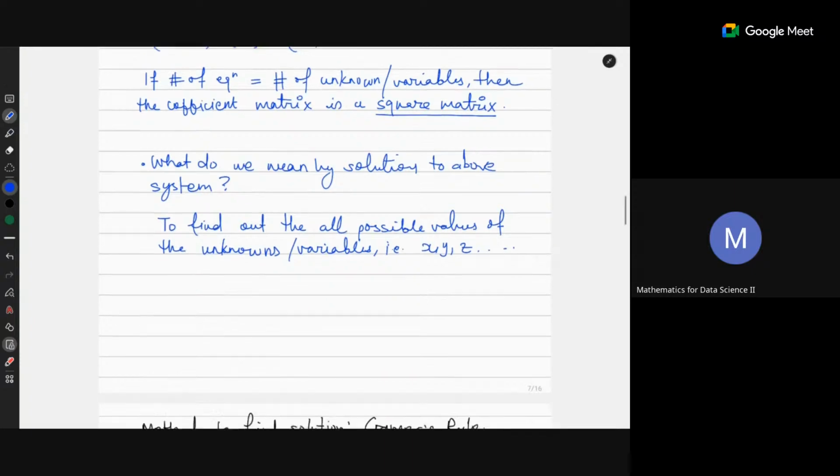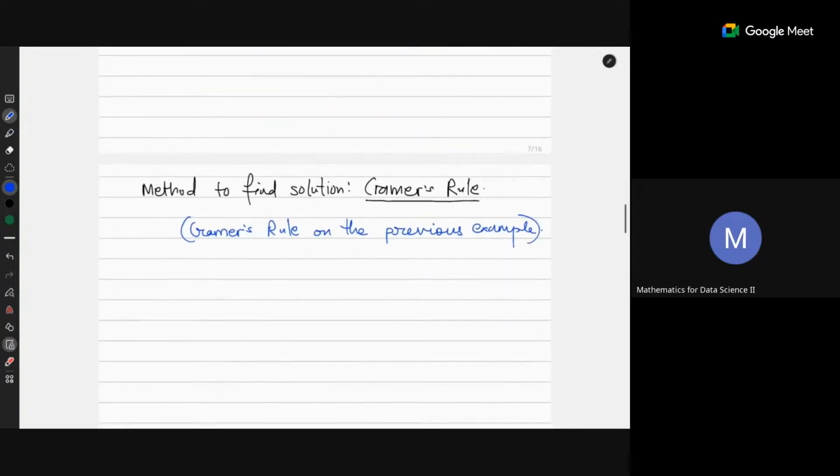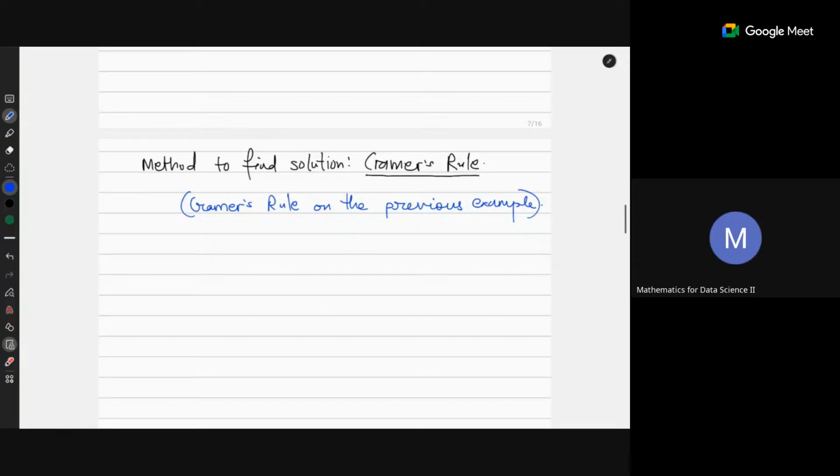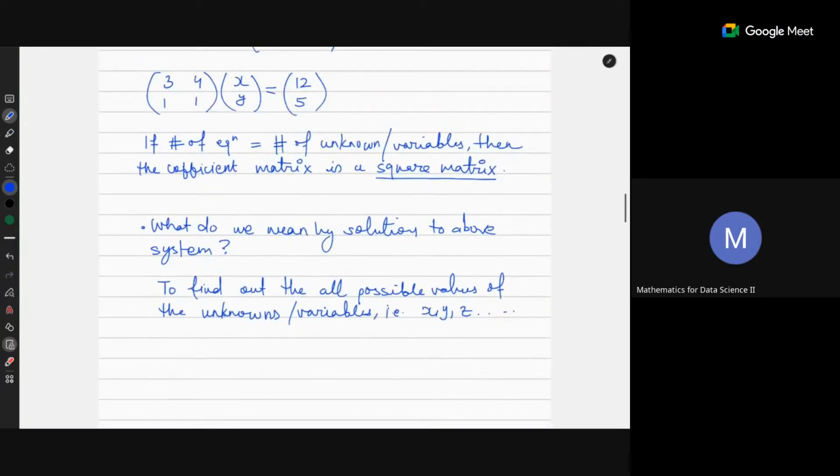Okay, so let's look at Cramer's rule. This is what we are going to discuss today. So let's start with Cramer's rule.